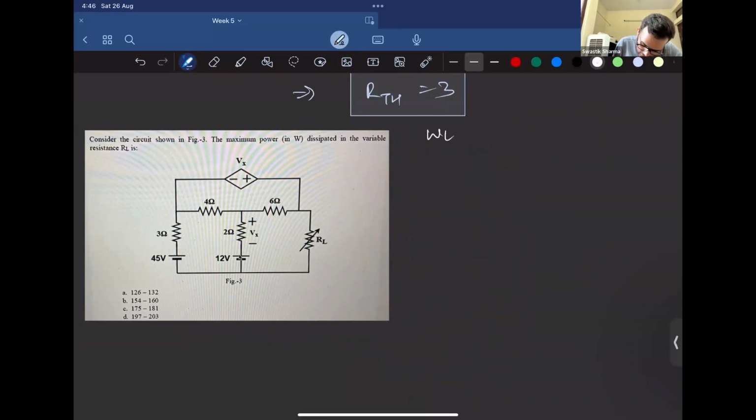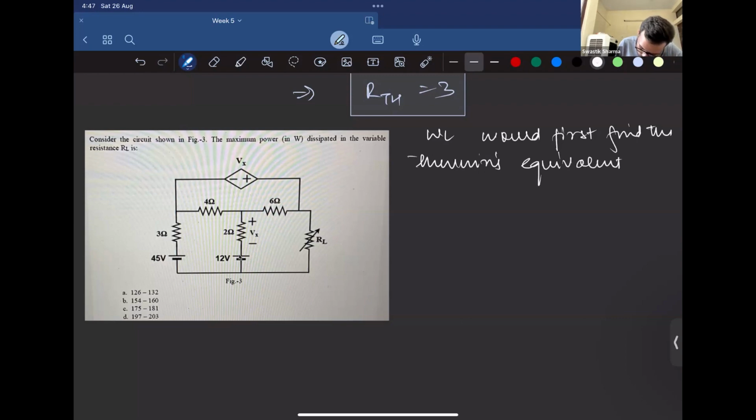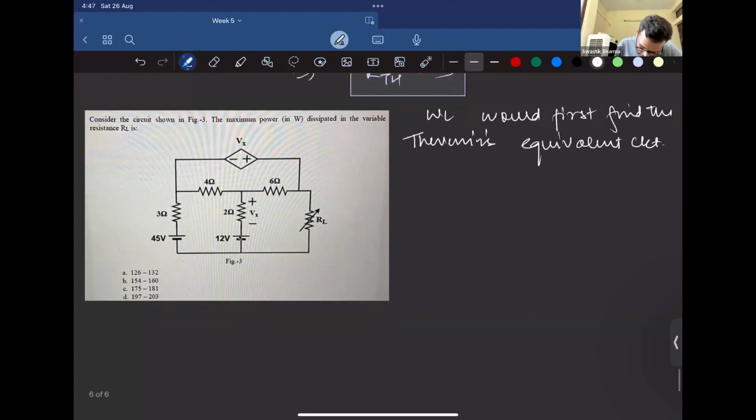We would first find the... So we'll do nodal analysis. So let's redraw the circuit.